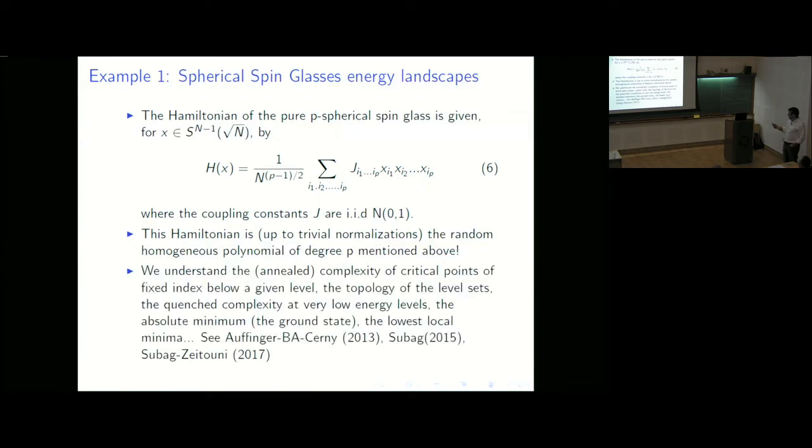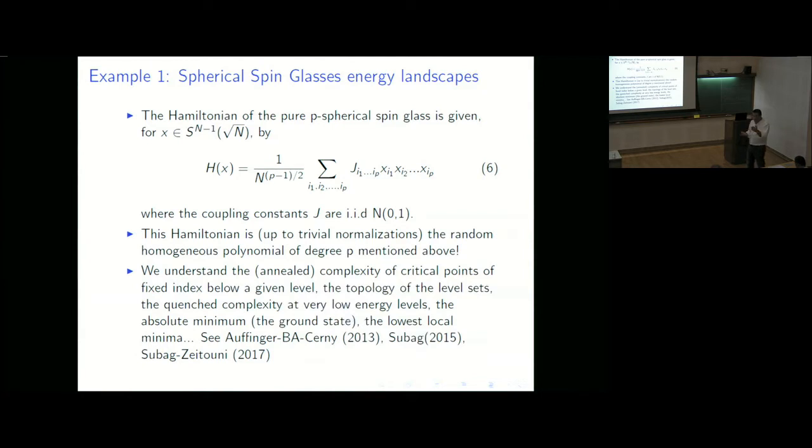For this, let me summarize, and I will just mention recent results on the math side. The physics side is much older, but these results are recent. We understand the annealed complexity, the number of critical points of this thing, and it's exponential. At fixed index below a given level, this can be described very precisely.